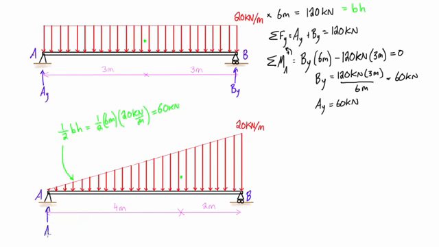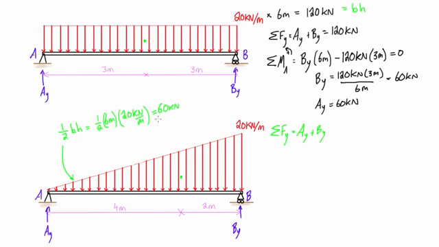All right, so with all that said, we can draw on our reaction forces here. So we have AY in this case, and we have BY. And the sum of forces in the y direction, we have AY and BY acting up.